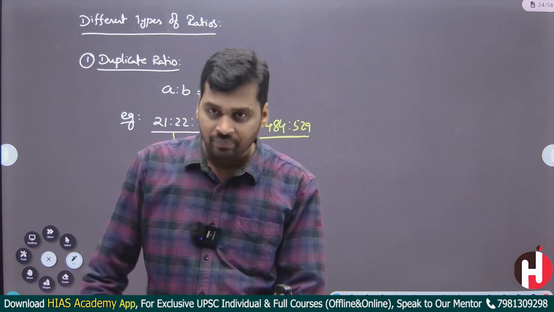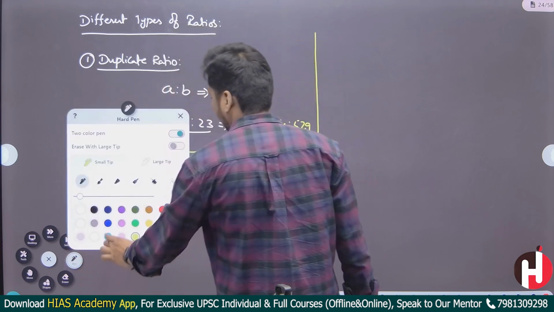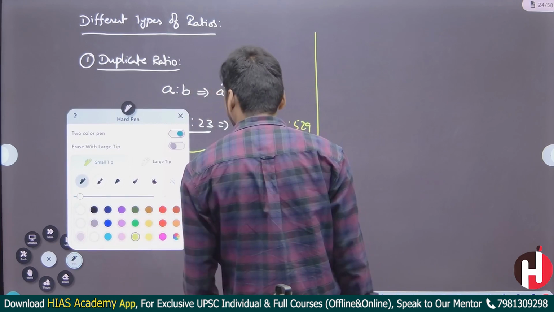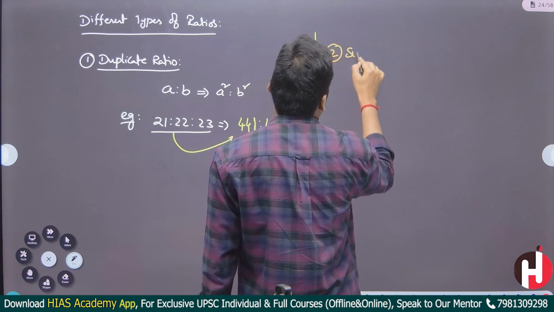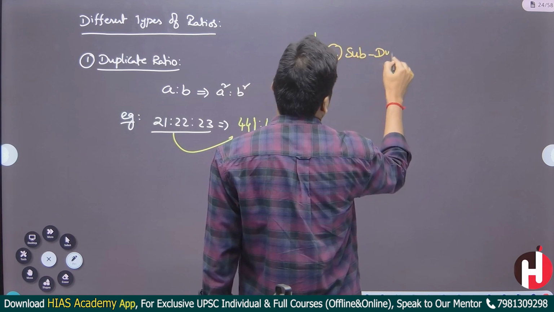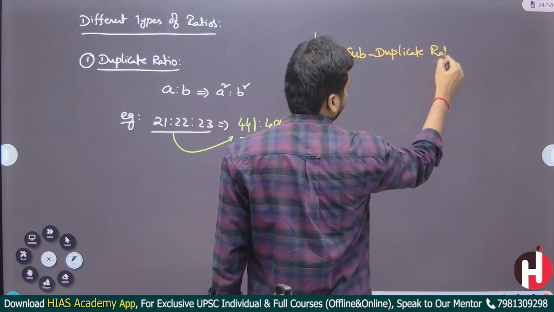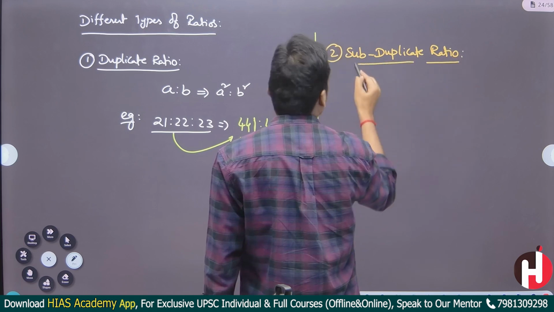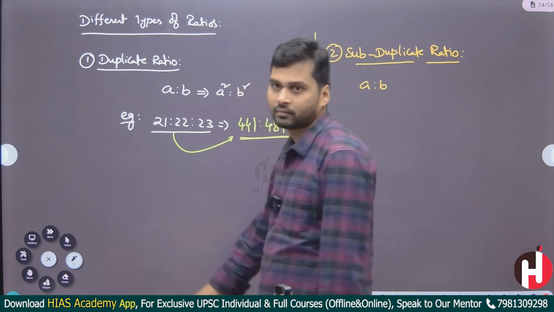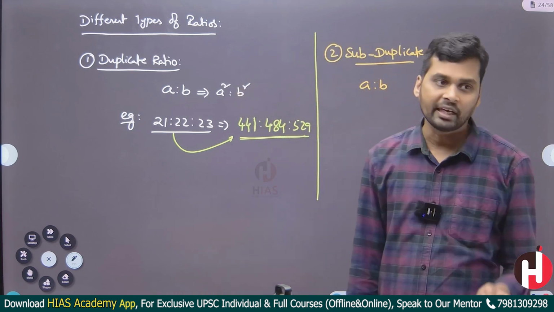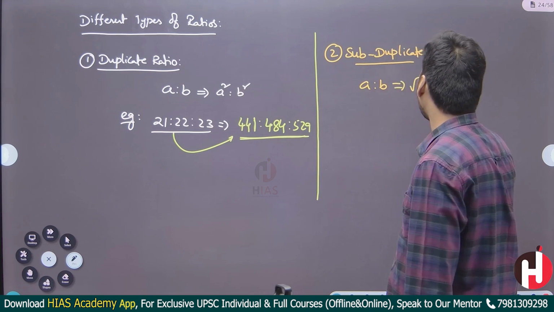Okay, next subduplicate ratio. The second type of ratio is subduplicate ratio. What is subduplicate ratio? Square root. In duplicate we took squares. Subduplicate means square root. Taking the square root of the given numbers.